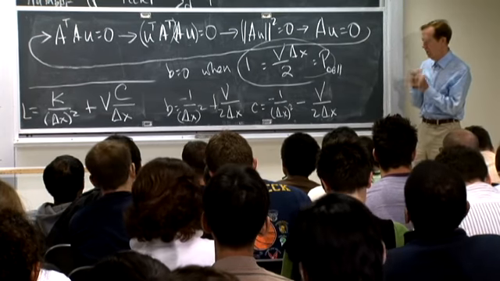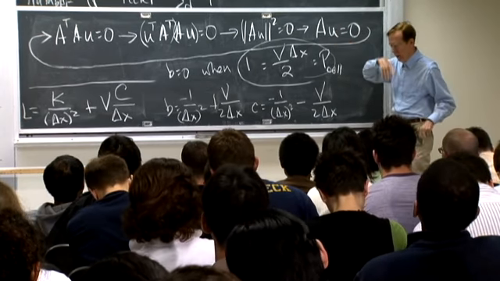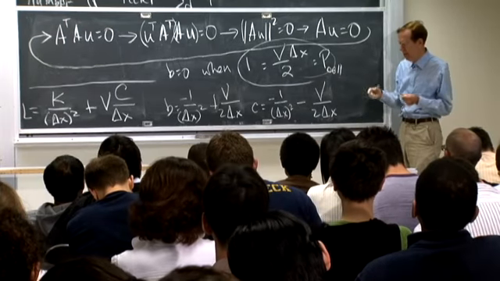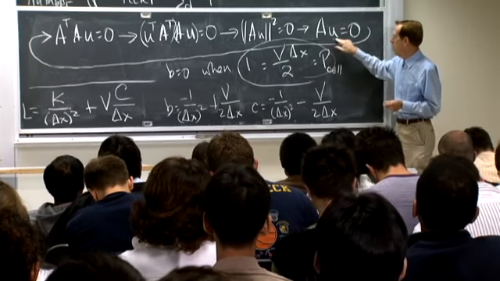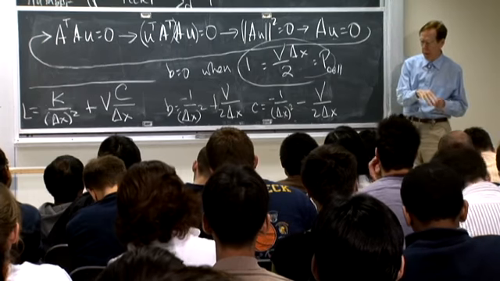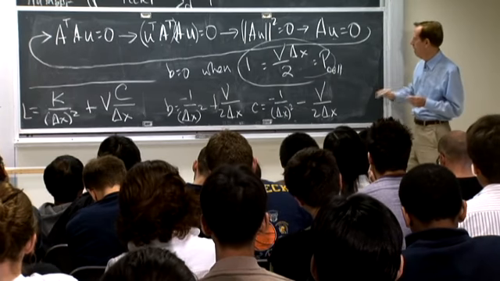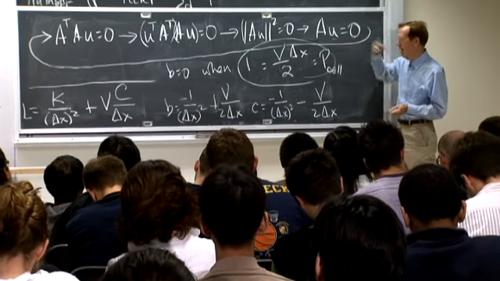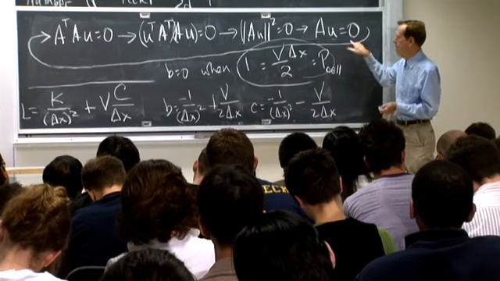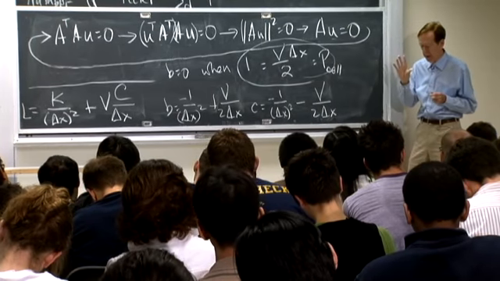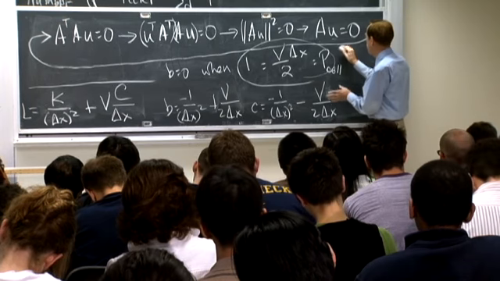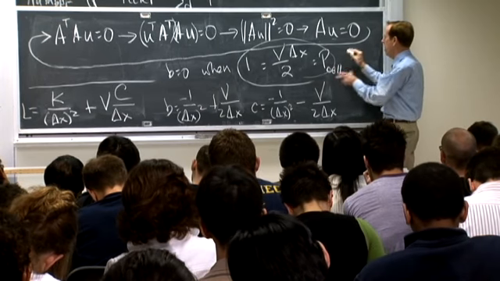So our assumption always has to be that there aren't any U's, except the 0 vector, of course, for which that happens. But we always have to assume that AU is never 0. So we have to avoid this.